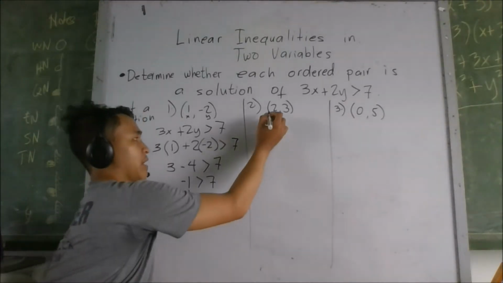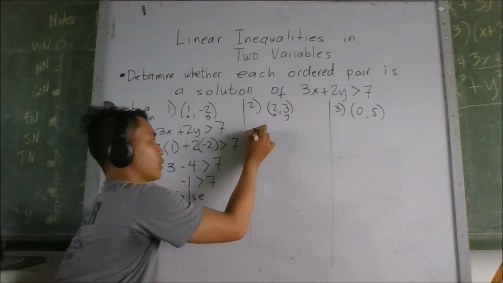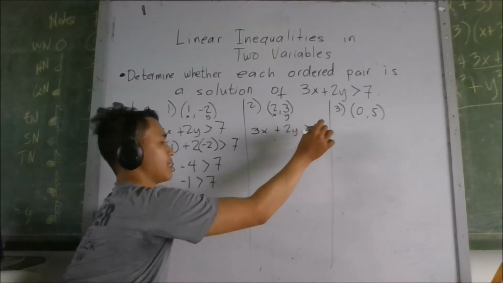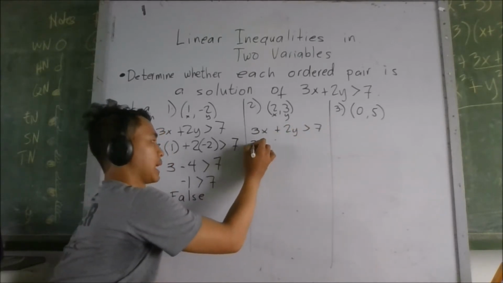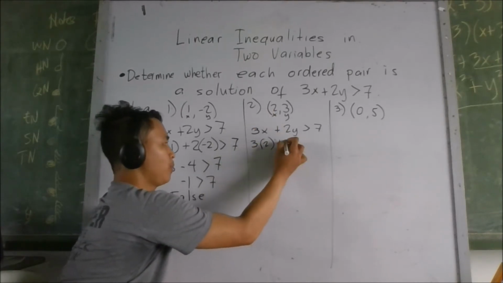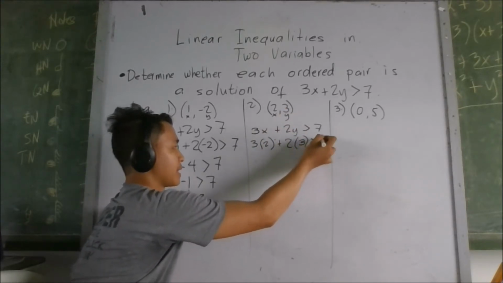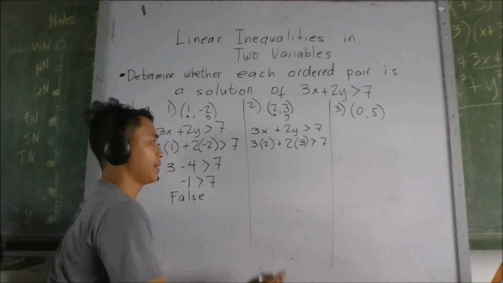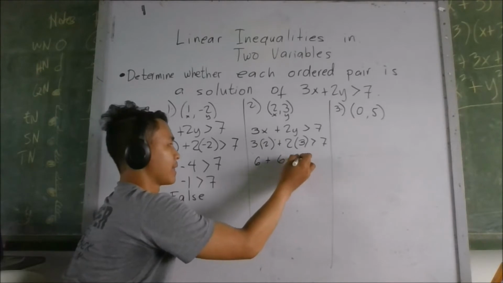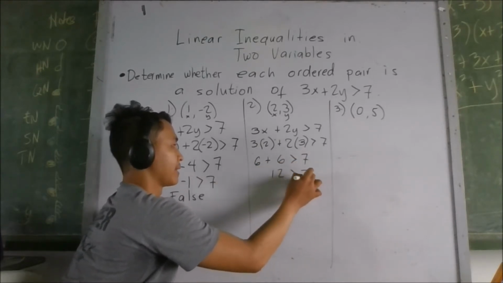Okay? Let's try number 2. So number 2 natin, we have x and y, right? Going back sa ating given, that would be 3x plus 2y is greater than 7. So that would be 3 times x na 2, plus 2 times y na 3, greater than 7. Okay? 3 times 2 is 6 plus 2 times 3 is 6, greater than 7. 6 plus 6 is 12, greater than 7.